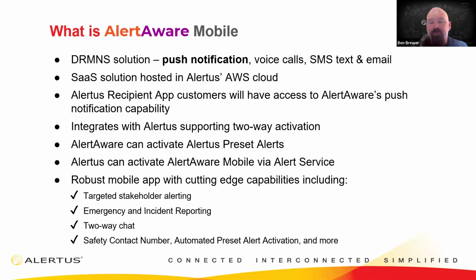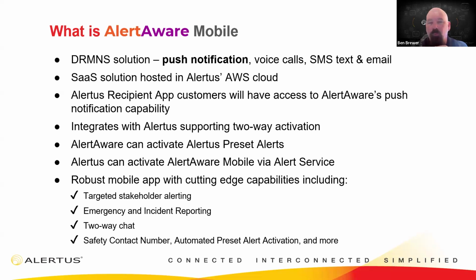I think that is the one thing, if you have not yet had the opportunity to see it, please, during this process, push us to provide you with a demonstration of it. More than happy to show it, but the capabilities are very, very robust with regard to the AlertAware mobile app. You're not going to lose any of the functionalities that you have currently with the Recipient app, and you will gain more capability with this new application.